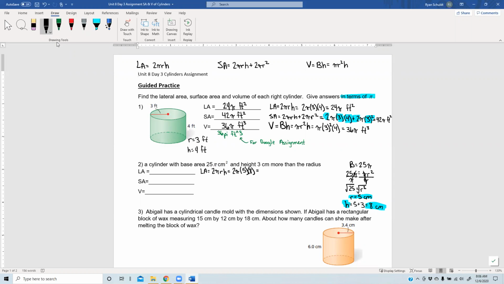We do 2 times 5 times 8, which is 80 pi centimeters squared. Then we need total surface area. So 2 pi r h plus 2 pi r squared.